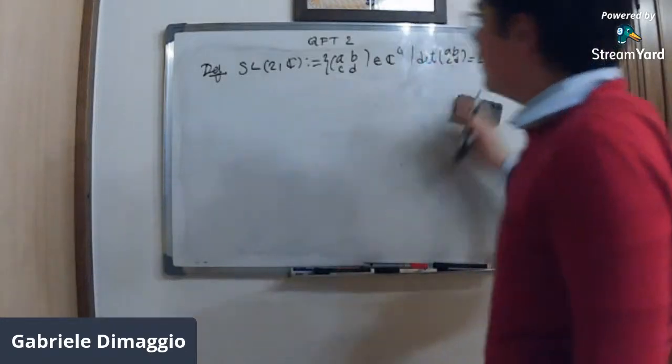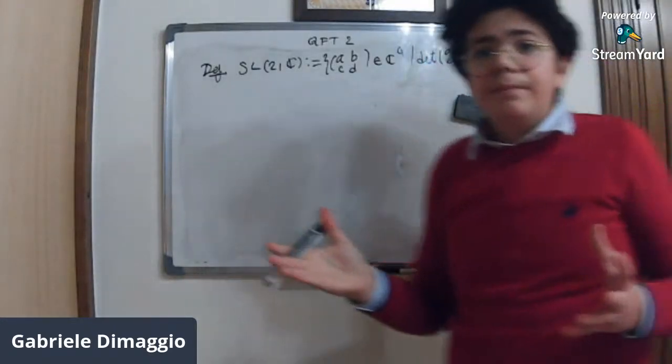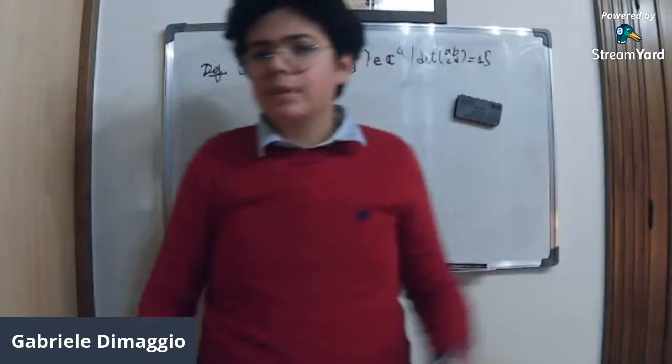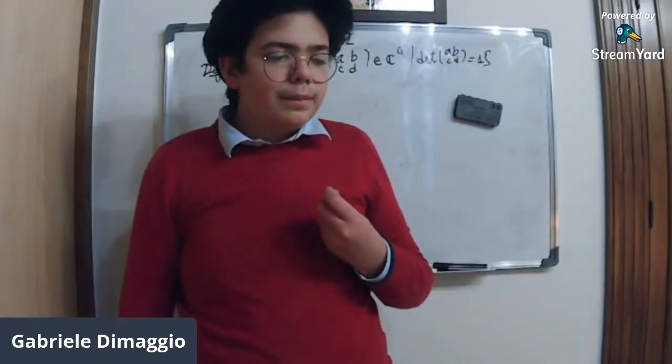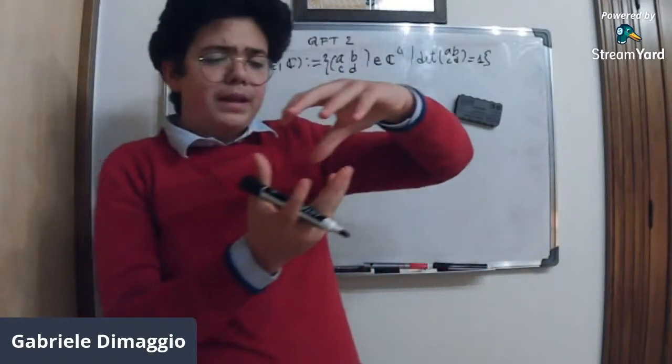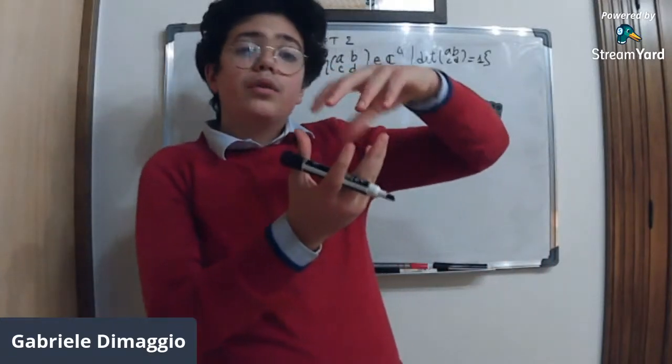Now this group is a Lie group. In the last lesson we talked about Lie groups, and we saw that a Lie group is a smooth manifold with a group structure.